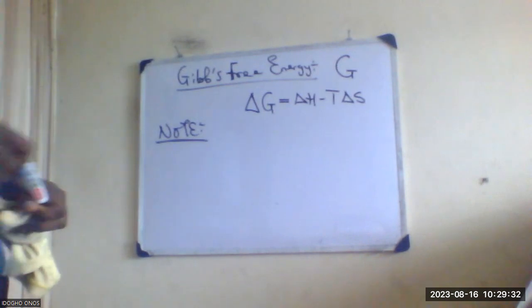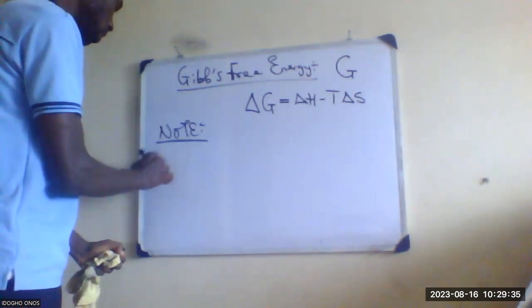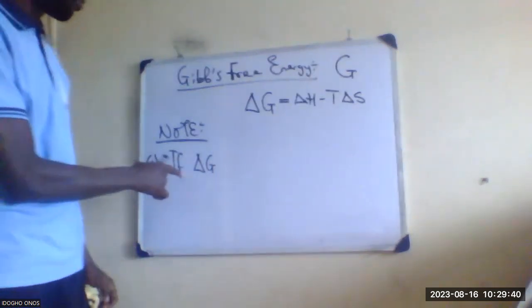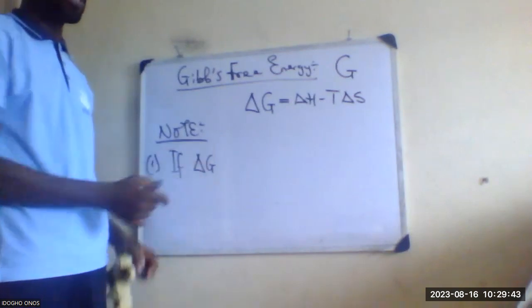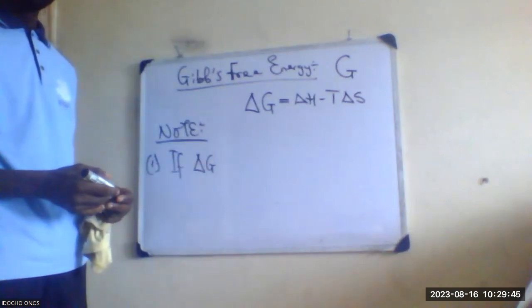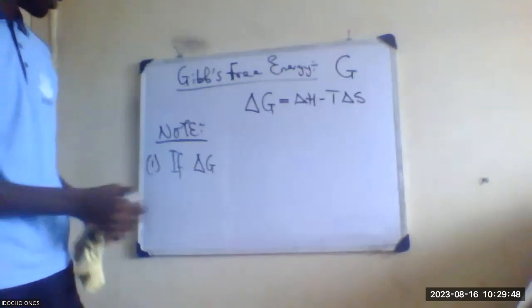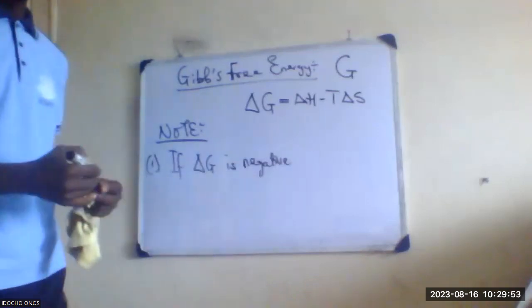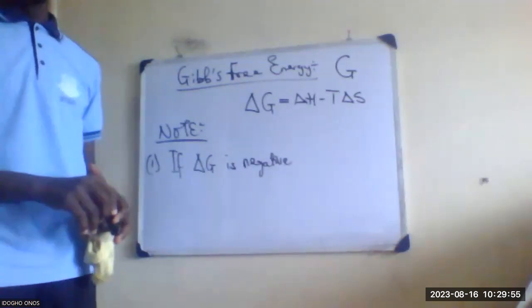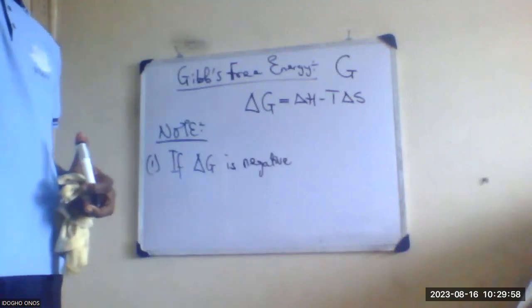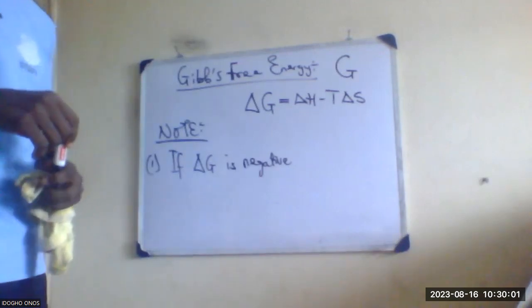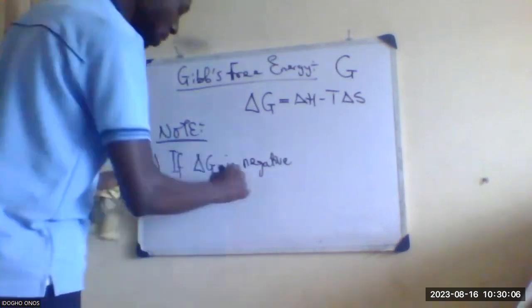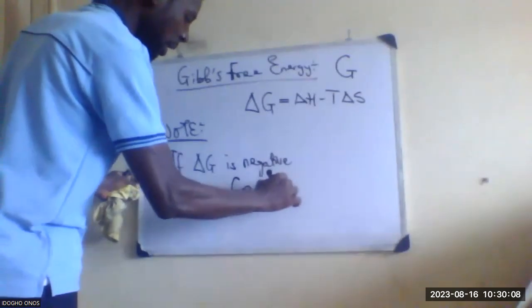Number one: if triangle G, which is the free energy change, is negative, the reaction is spontaneous, or feasible.